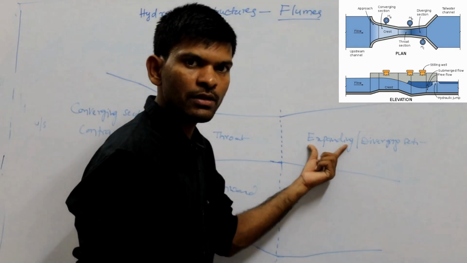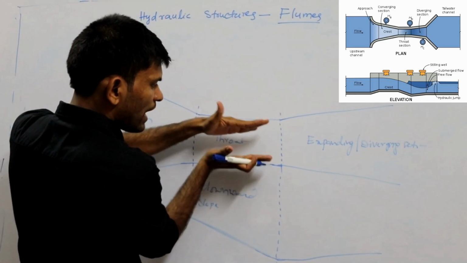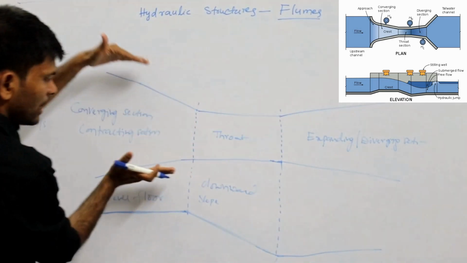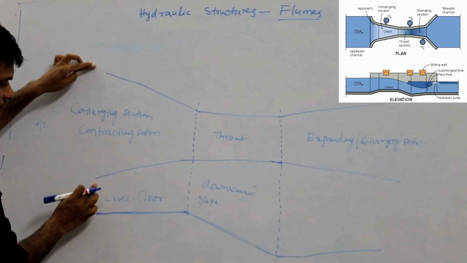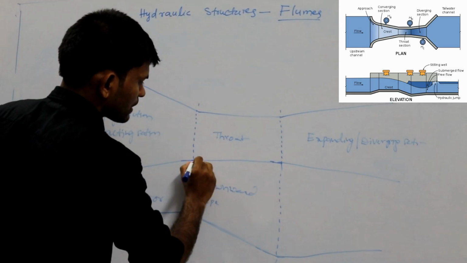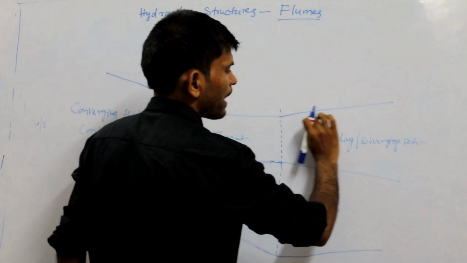The expanding section means that after the throat, where the area is reduced, the area of the section is increased again. Here the area of this section is reducing from the start, and here a level section has been provided. Again the area is expanding.